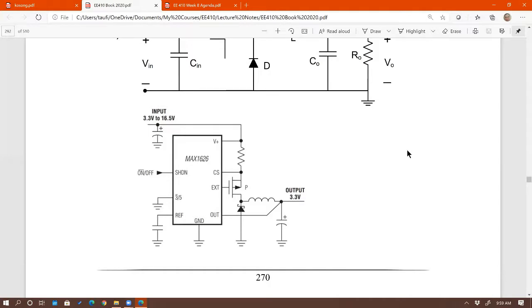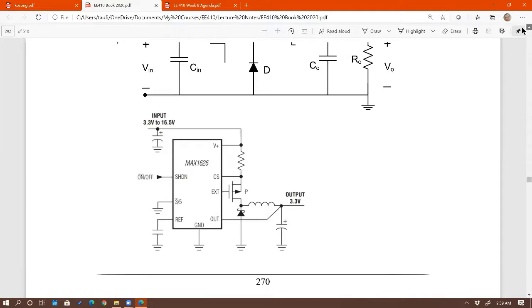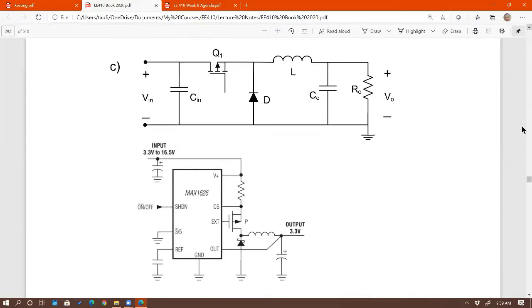So in many situations, controllers allow you to use an NFET rather than a PFET, but they do something else on the source side instead of connecting it straight to the switching node. You'll see. Any question on this?